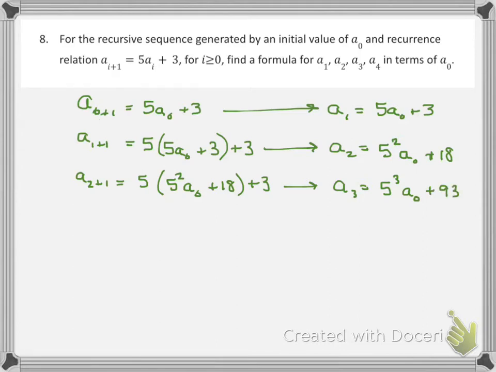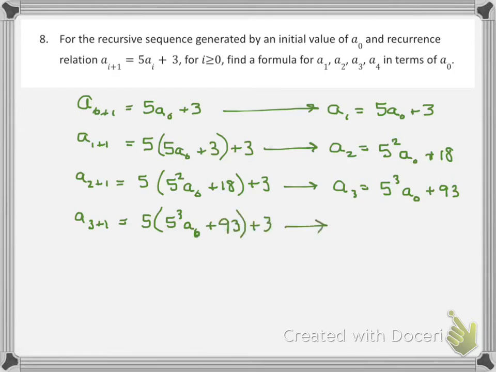And then one more. A sub 3 plus 1 is equal to 5 times the result from the last one, which was 5 cubed a sub 0 plus 93. And don't forget to add the other 3.